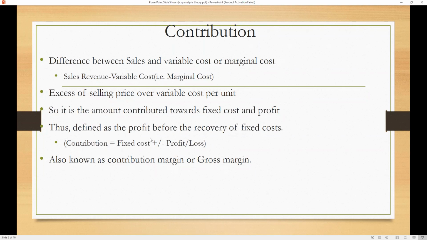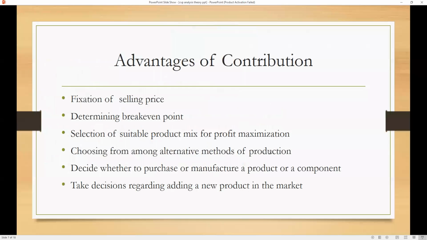So it is defined as the profit before the recovery of fixed cost. And it's rewritten as contribution equal to fixed cost plus or minus profit or loss. This we call contribution margin or gross margin. Sales minus variable cost is called contribution margin or gross margin.